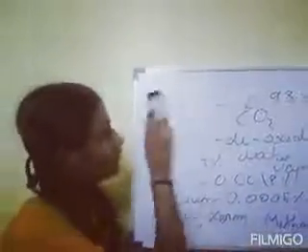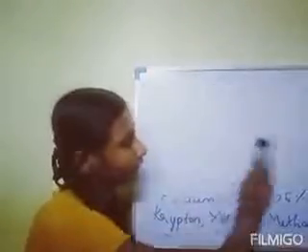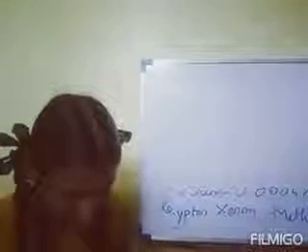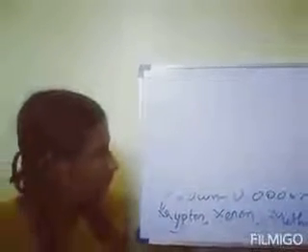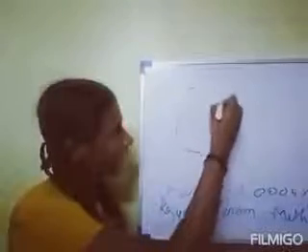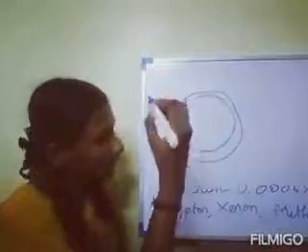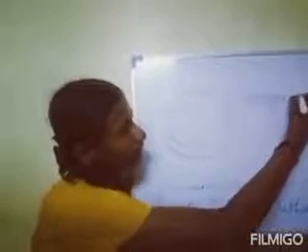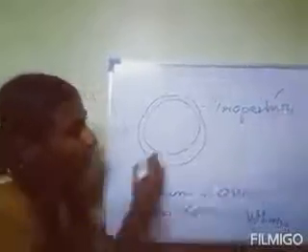Let's go into those 5 spheres. Let me draw it. When the earth is like this, there is one sphere there, called the troposphere. This is the first sphere.